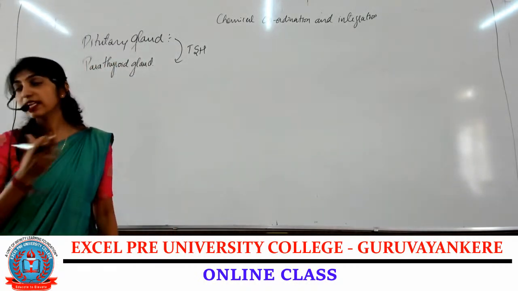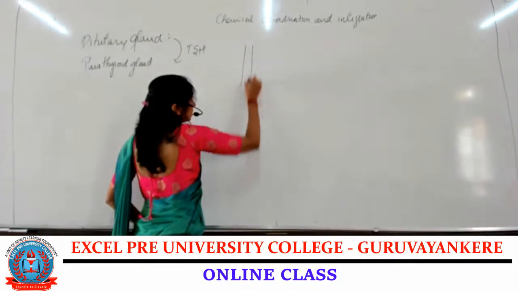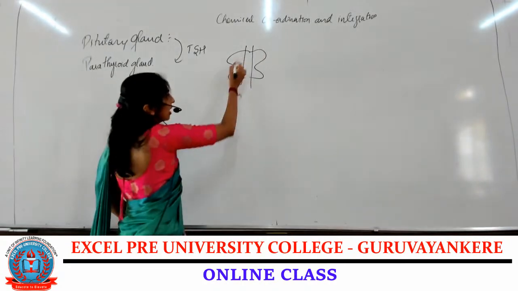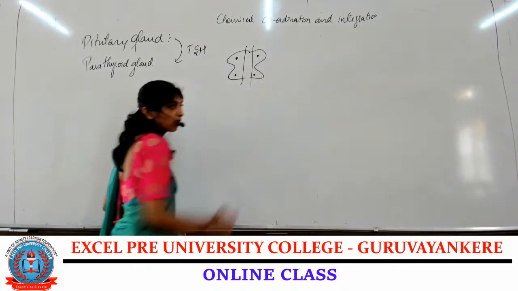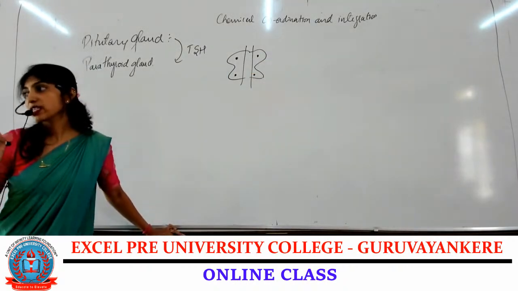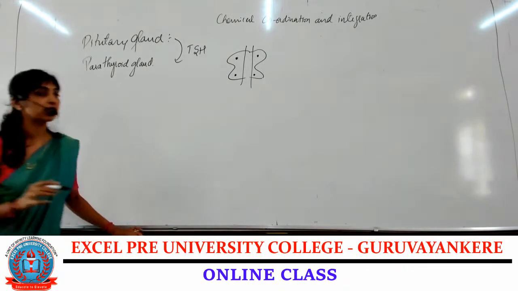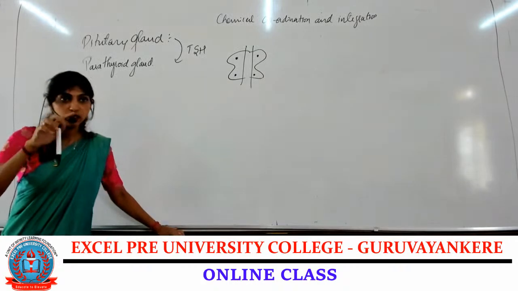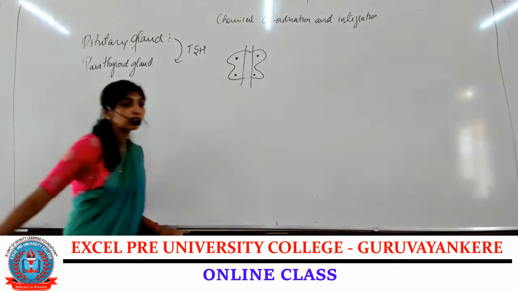On the thyroid gland, on the dorsal side. If this is the dorsal side of the thyroid gland, we have one pair on each side. In total we have two pairs of parathyroid glands located on the thyroid gland. Since we have two lobes in the thyroid gland, one pair is located on each lobe.